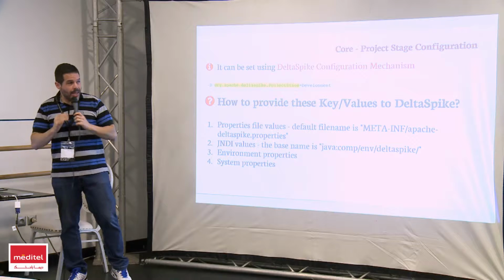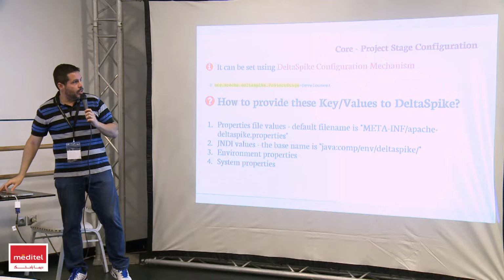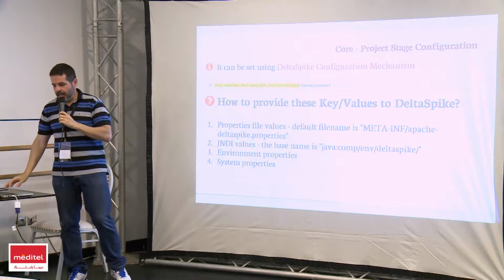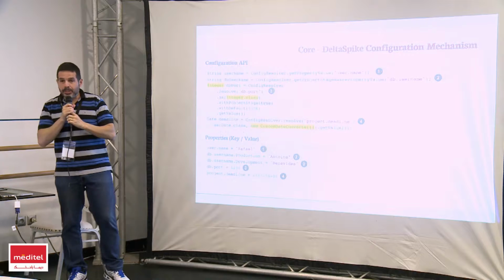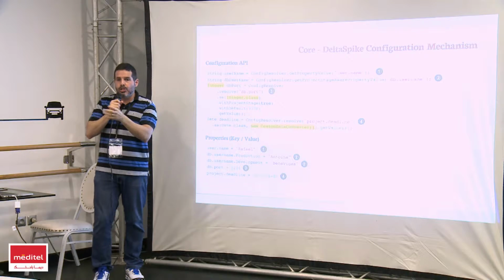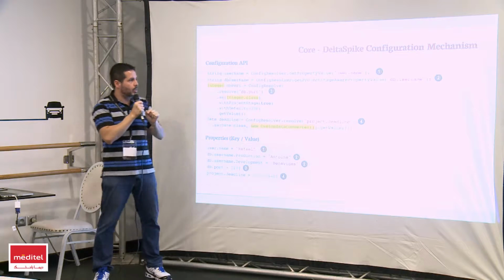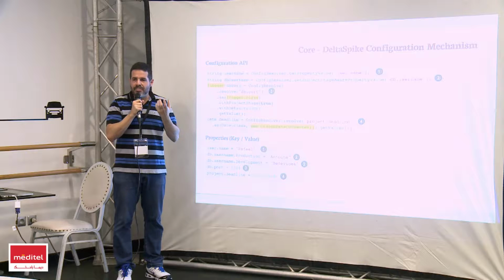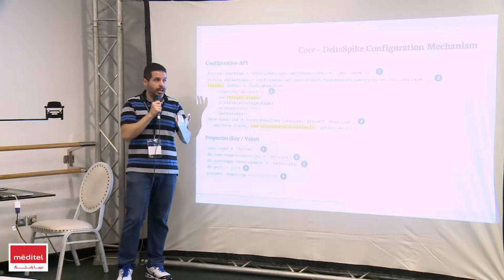But then you can use this configuration mechanism not only to provide DeltaSpike configuration, but you can also use the configuration API to configure your application. For example, suppose that you want to have a configuration of the username.